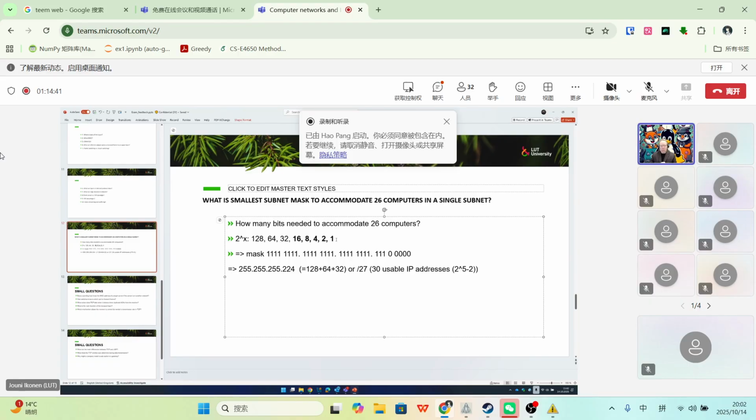But it's enough to remember, you can just count the multiples of 2 here. So to accommodate 26 computers, we will need 5 bits. So 2 to the 5th power minus 2 is 30 usable computer addresses.